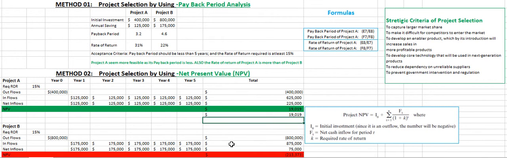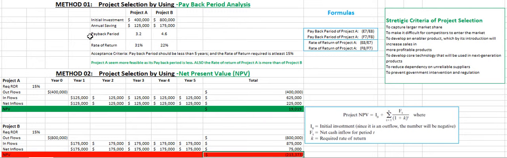So this is 19,019 US dollars. Similarly, we calculated for project B, and the value comes to negative 213,373 US dollars. Negative net present value means this is a loss. So we have a strong opinion that project A is more feasible than project B.